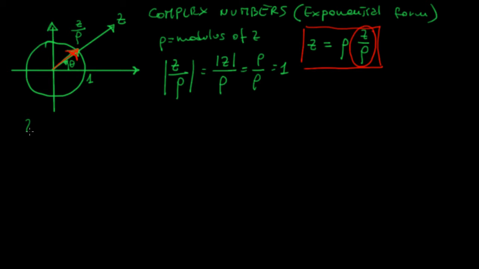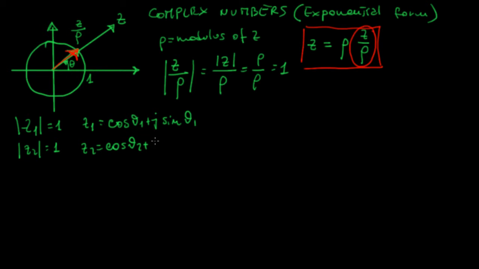Now, let's consider a complex number z1 with modulus 1, and a complex number z2 with modulus 1. z1, in trigonometric form, can be expressed as the cosine of theta 1 plus j the sine of theta 1, while z2 can be expressed as the cosine of theta 2 plus j times the sine of theta 2.